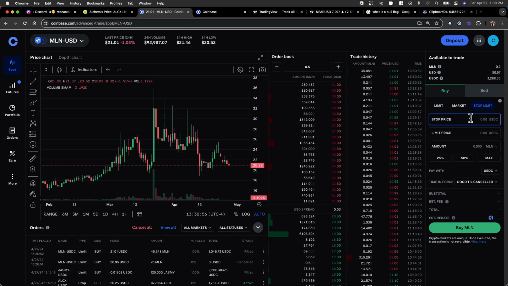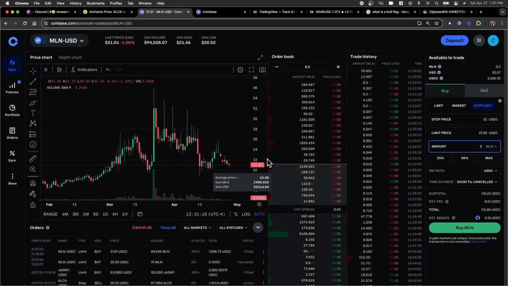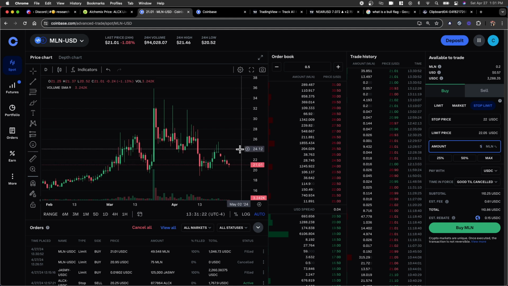It filled. So I think what I'd want to do is a stop limit price. So I think a stop limit would be once it hits 22, fill me at 22.0, right? I just want to see if this works. So I'm going to buy 5 of them. My goal in this, it's like a stop loss, but it's for a buy order to go higher.